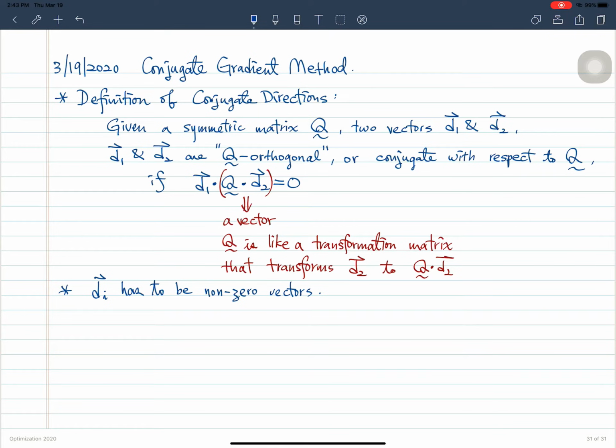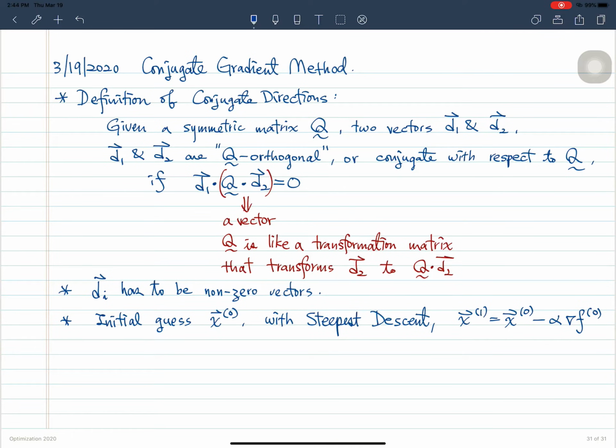So if you think about this, if I have an initial guess, X0, with the concept of steepest descent, X1 equals X0 minus alpha times the gradient of F0, right?